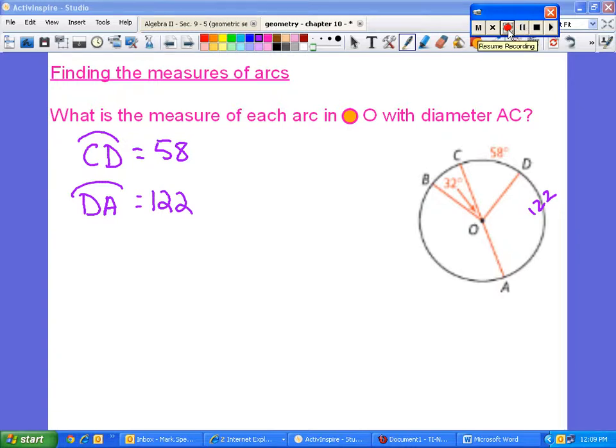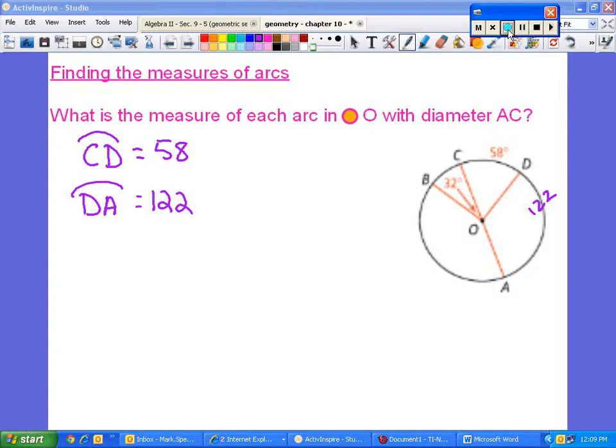Go ahead. Because the semicircle is 180, and 180 minus 58 is very good, that's perfect. Okay, is there anybody who doesn't understand where she got the 122 from? You didn't understand either, Bill? Nope. Okay, Tyler, can you please explain how Anna got 122 here?